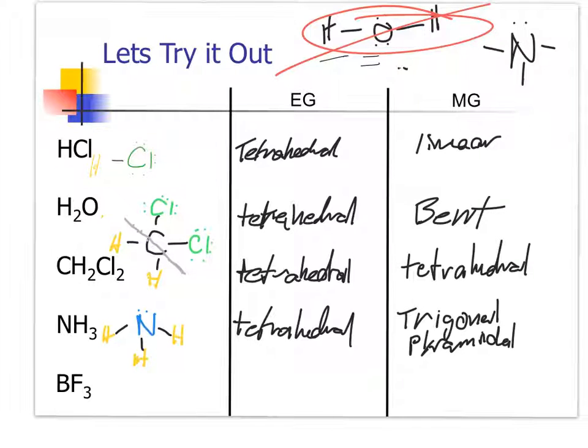And so you have a little bit of differences there. If you build it, you will actually see that that's what it looks like, with a little bit of a pyramid. You would think that it would be planar, but it's not.